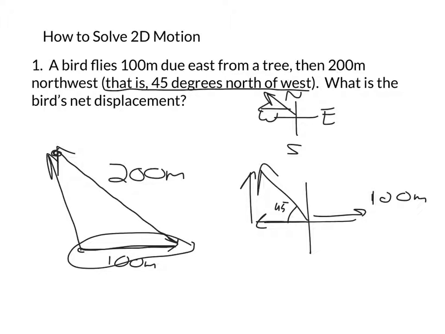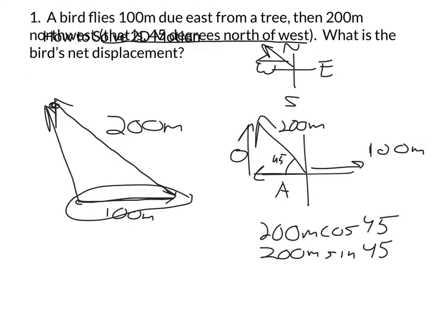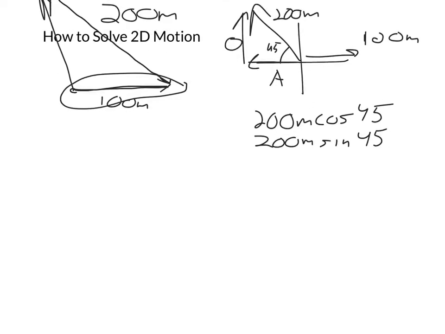I should say a component that's west and a component that's north. And his 200 meters is there. So we have an adjacent leg and we have an opposite leg. So the adjacent leg is 200 meters times the cosine of 45, and the other one is 200 meters times the sine of 45, and luckily for us, those two numbers are the same. Sine and cosine of 45 both end up being root 2 over 2, I think.